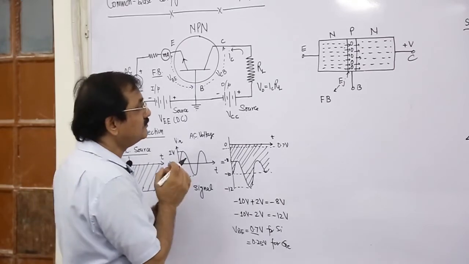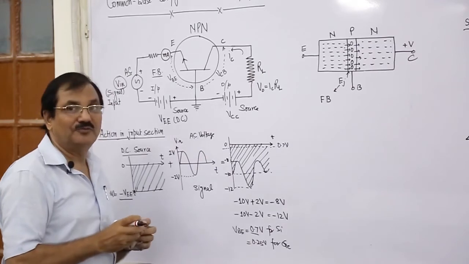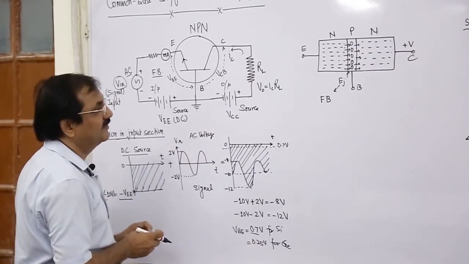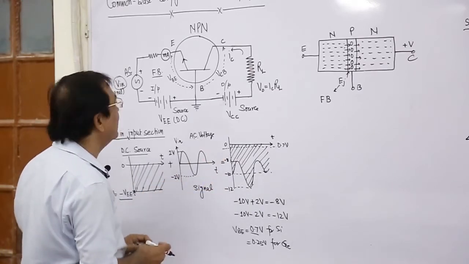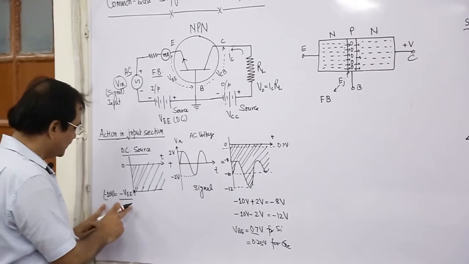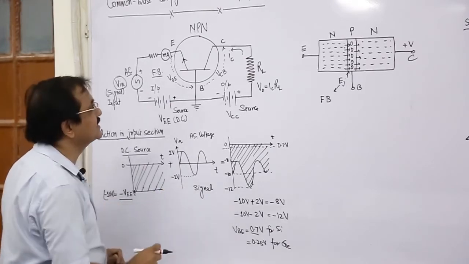Now, how much is the signal amplified? We can find this value by solving a numerical problem. Say it is 10 volt, this is 2 volt, so minus 8 volt.